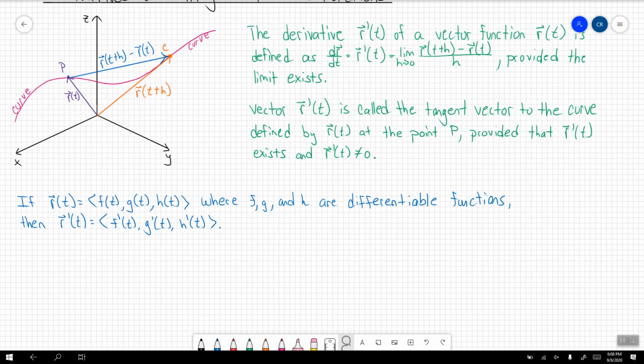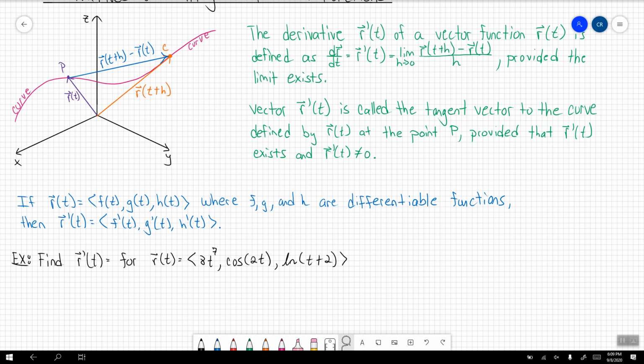What we have at the bottom of your screen says that if r of t is equal to the vector valued function f of t, g of t, and h of t, where f, g, and h are differentiable functions, then r prime of t is made up of the individual components when we take their derivatives. In other words, the first component f prime, second component g prime, third component h prime. And now we want to start employing this derivative process.